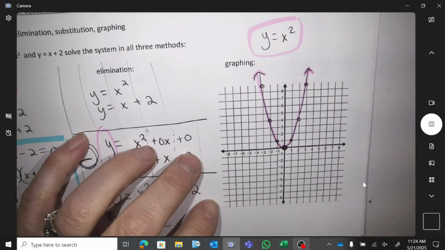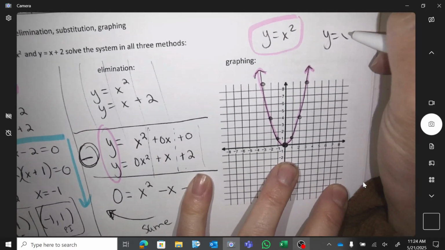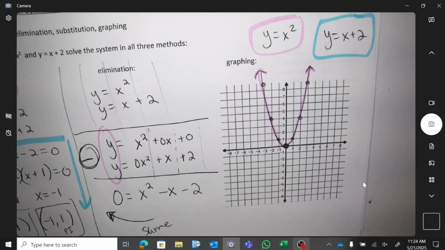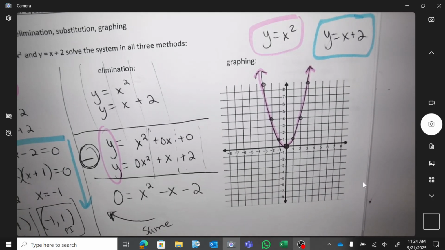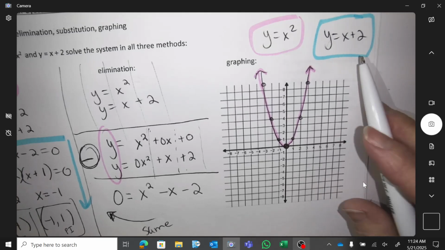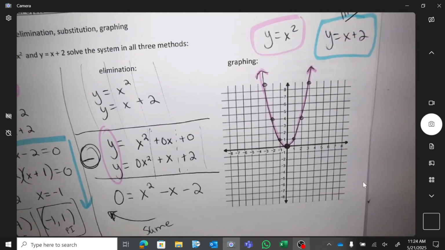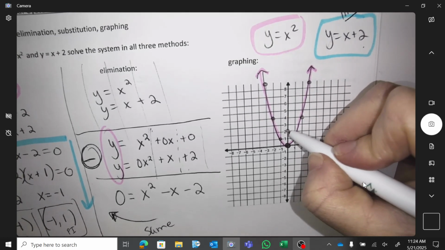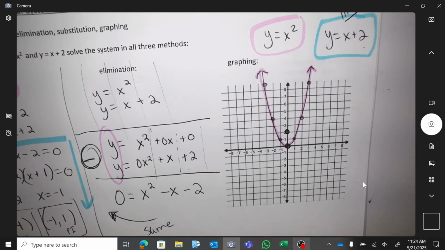Now we're going to go y equals x plus 2. What are the things I know about this? x, that's a line, just a line. And what do I know about this line? Plus 2 is going to be the y-intercept of this line.